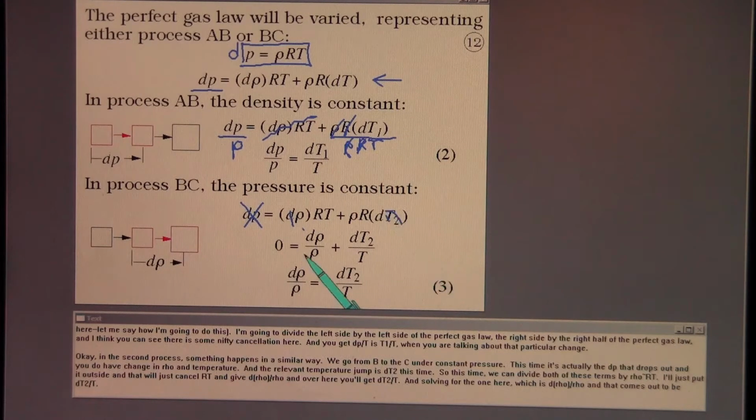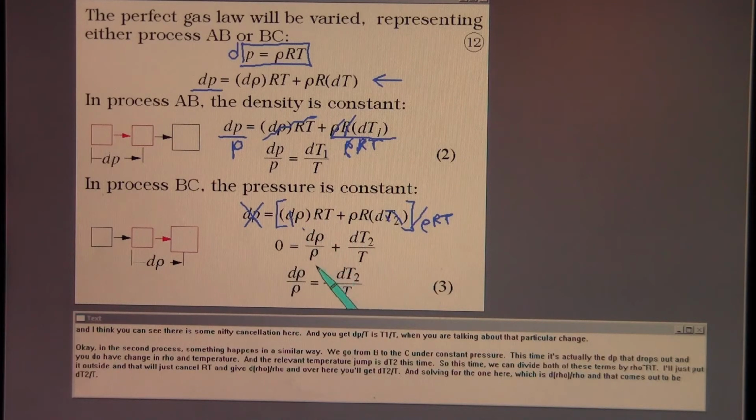So this time we can divide both of these terms by rho RT. I'll just do it outside. And that will cancel the RT, give you d rho over rho, and over here you'll get dT2 over T. And solving again for d rho over rho, that comes out to be dT2 over T.